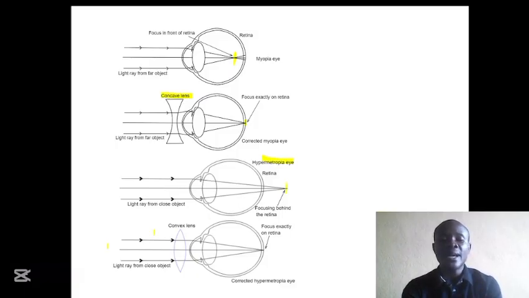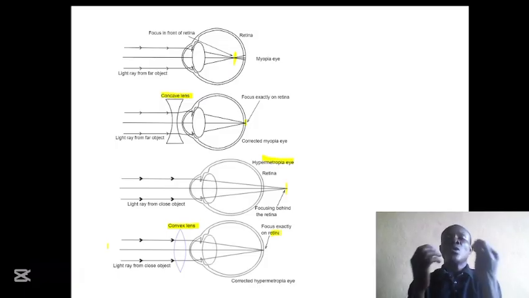This can be corrected by using what we call the convex lens, which can help to bring the object back into focus right on the retina so that the image can be seen clearly. We also have other types of eye defects which are not shown on this slide, but I'm going to explain them.